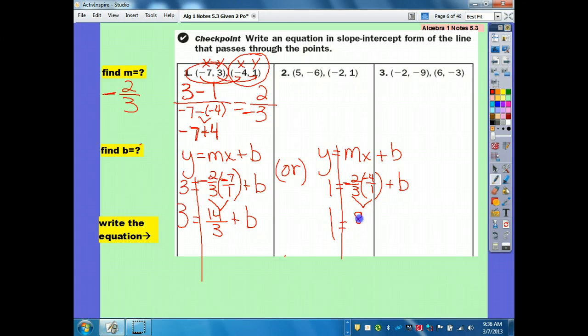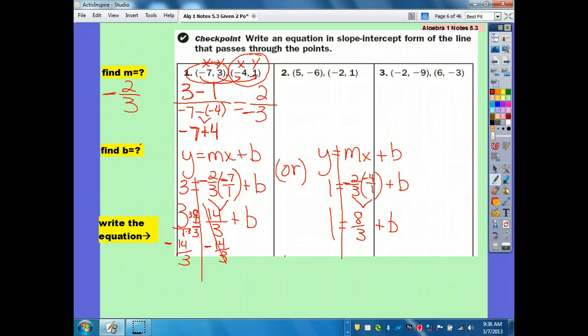So 8 over 3. 8 over 3 plus b. Now, if you are on this side, you need to subtract 14 over 3, right? Minus 14 over 3. This is the same as 3 over 1. Remember we did that fraction review worksheet? If I were to make this into something over 3, it's going to be what over 3?